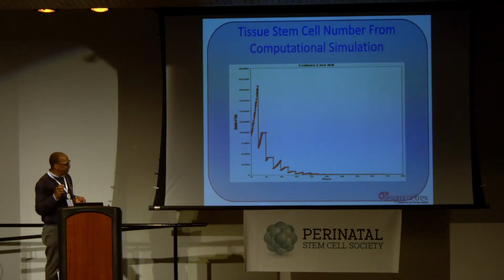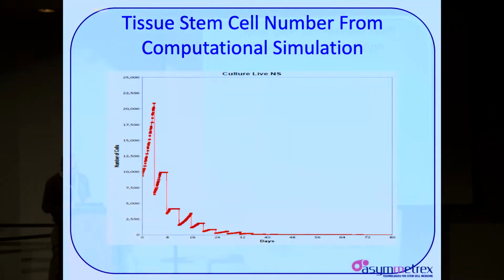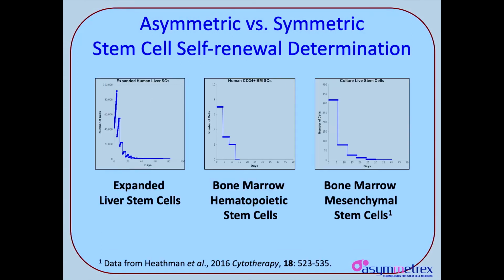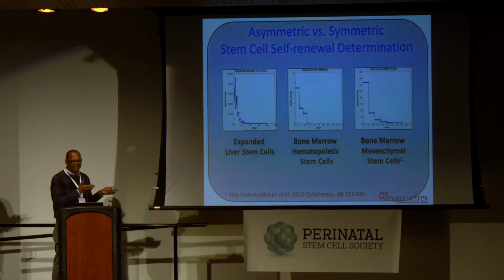It's not surprising that phenotypes that are associated with stem cells are lost with passage with time, because the stem cells have been lost. I just want to give you some examples of this, because this is expanded liver. These are bone marrow hematopoietic cells. These are bone marrow mesenchymal cells. And something I want you to take away from this, though. We learned something in the simulation that I didn't expect.